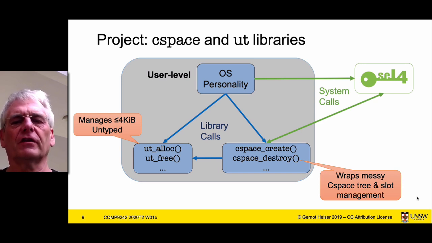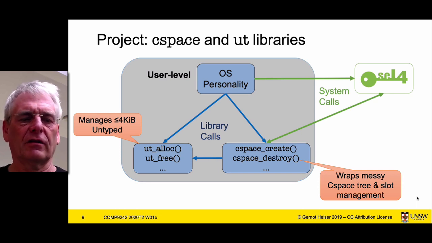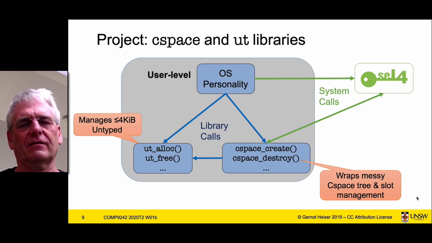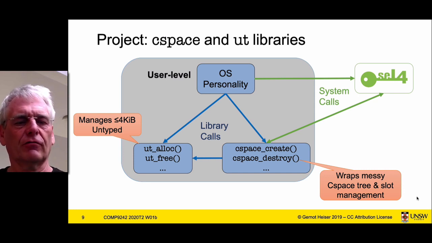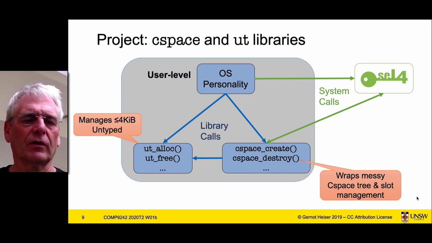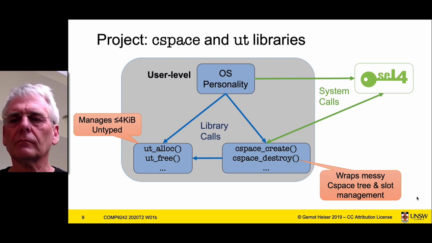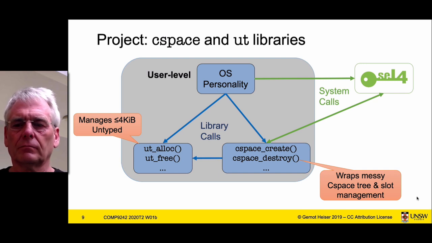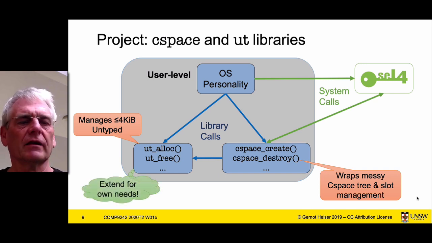So if you just want a single endpoint, then you have a slab allocator in there that creates an endpoint object that contains many endpoints, because an endpoint is way less than 4K, and then you can, from that, allocate endpoints as you need them. The complexity of most of that is hidden in that library. And what you will end up doing in this project is extending this UT library for the needs of your operating system.